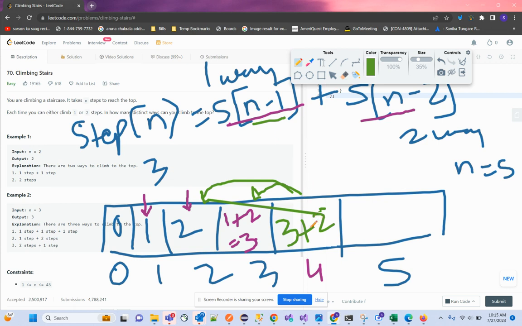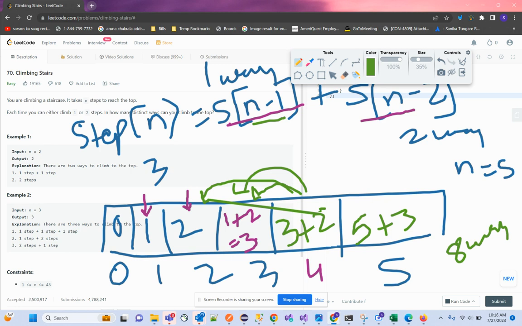We have how many ways to reach 4 steps? There were 5 ways to reach 4 steps. So again take 5 plus step n minus 2, that is 3. 5 plus 3 is 8 ways to reach 5 steps. So there are 8 ways we can reach 5 steps.